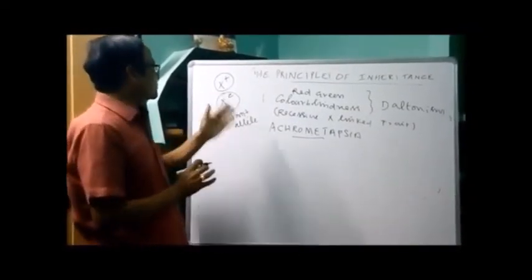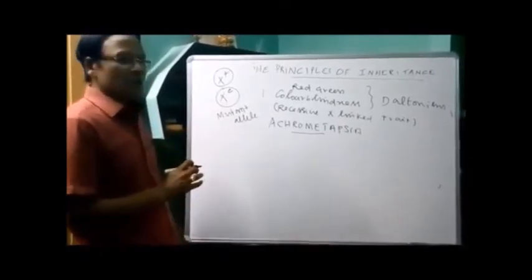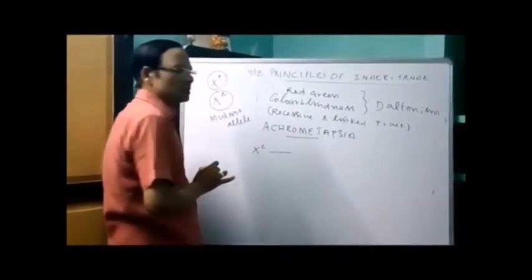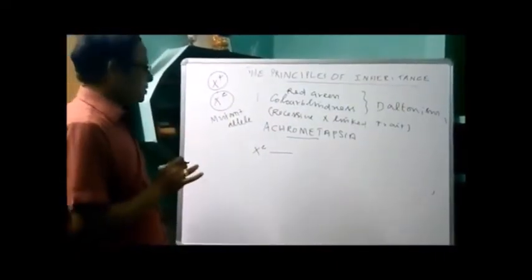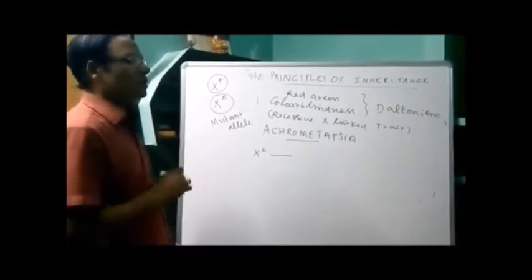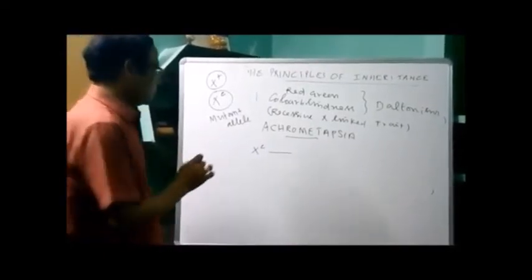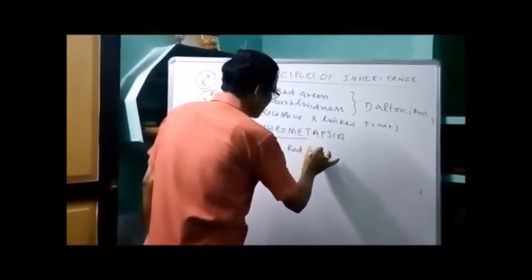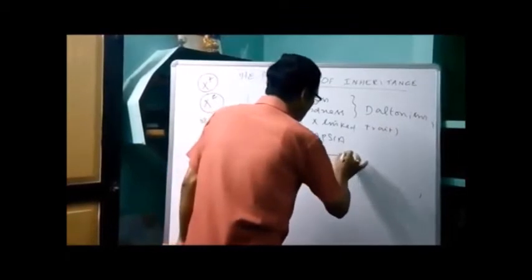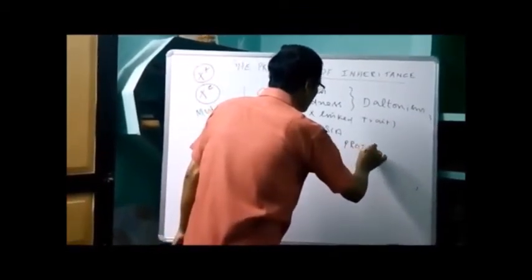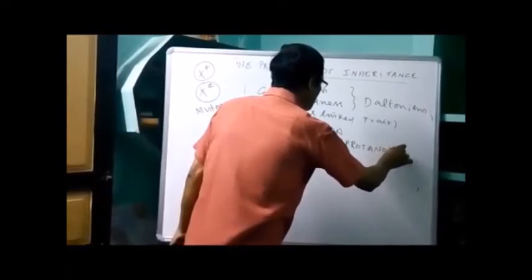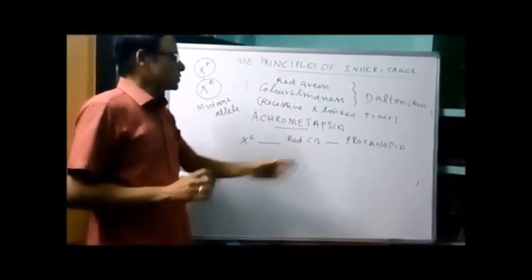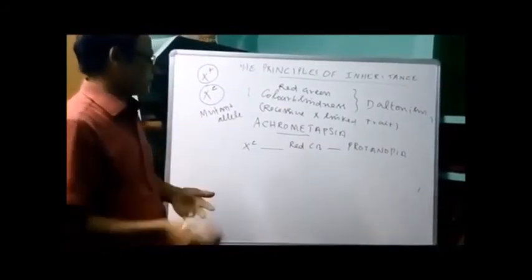But when the gene becomes mutated and we have the recessive gene, it may cause no production of either red pigment or green pigment or blue pigment. If there is no production of red pigment, it's called red color blindness, or protanopia. These people are unable to see red colors, though they can see other colors.